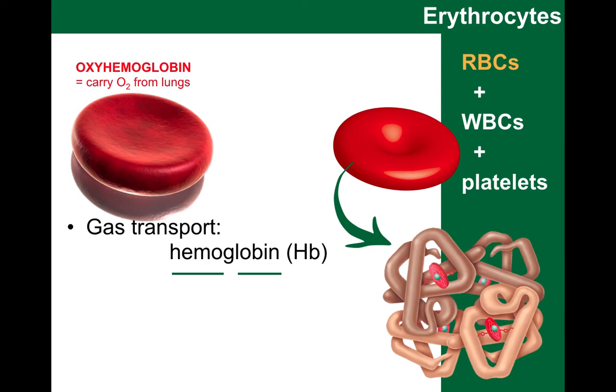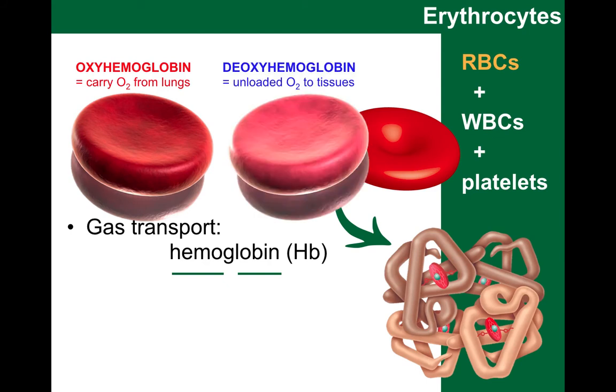And then again, when oxygen has been unloaded in tissues, these red blood cells no longer carry oxygen, and they are called deoxyhemoglobin. These have a much darker red color, making the blood almost slightly bluish.